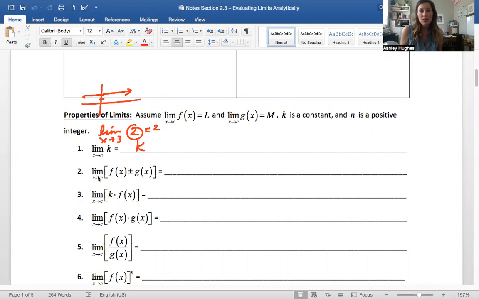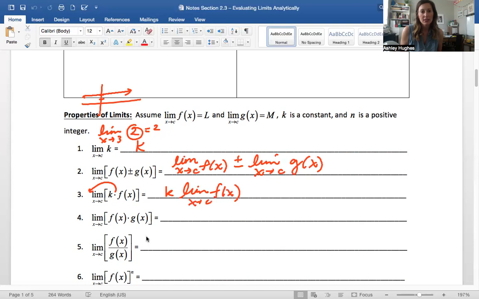This is a property that the limit of the sum is the sum of the limits. So we can just split this apart, or difference. You can pull it apart and evaluate each part separately. This, you can pull the scalar multiple out front, k times the limit as x goes to c of f of x.